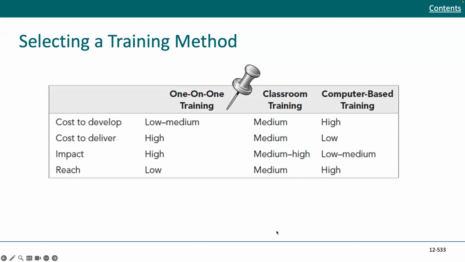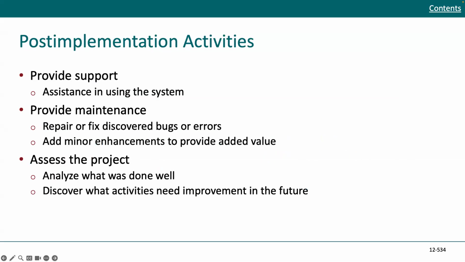So here are those three types of training, and what are the cost to develop, cost to deliver, the impact, and the reach. And so what is the best approach that's going to be applicable to your organization? For post-implementation activities, you want to provide support and assistance in using the system.